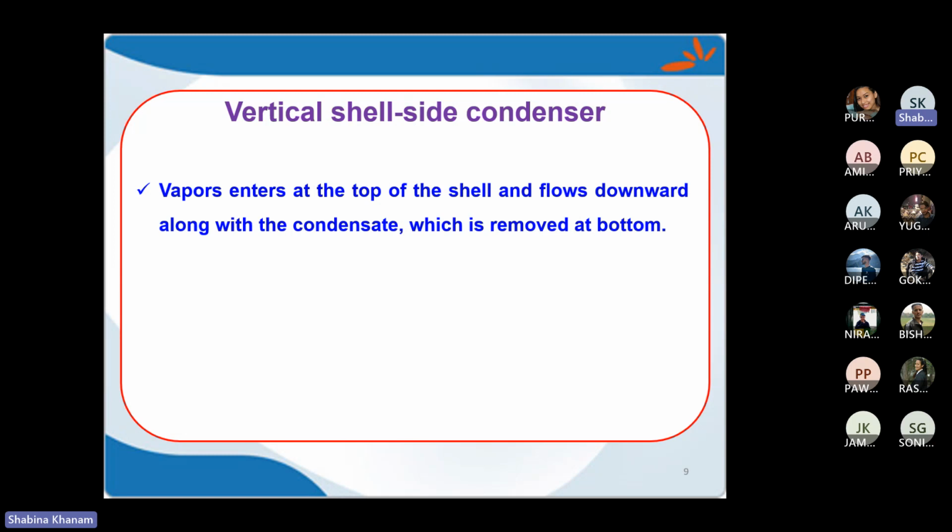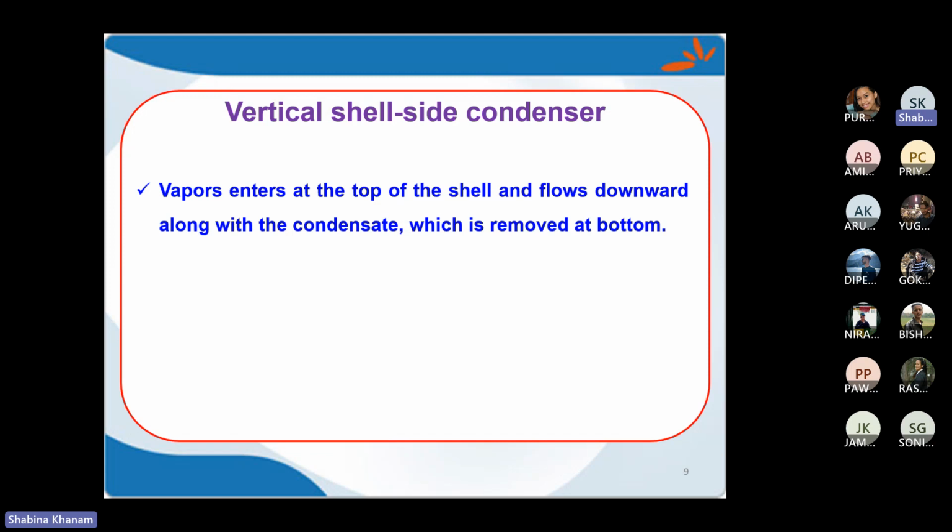In that case, I'm not allowing vapor to enter from the bottom and move upward, which is the usual pattern for vapor to move. Okay, the reason being that when vapor is entering from the bottom, and when condensation proceeds, the condensate will be collected at the bottom always, right?